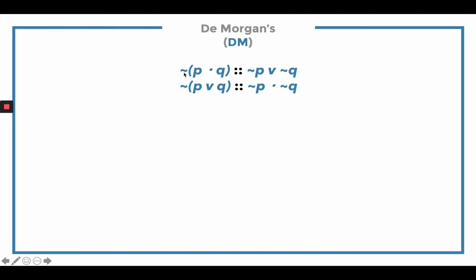So if we have a not and then in parentheses an and, that gets translated not P or not Q. The symbols change, right, from an and to an or, and then the negation in a way gets distributed. Over here, if we have not parentheses an or, then we distribute in some sense the tilde, and the or changes to a dot, the and.